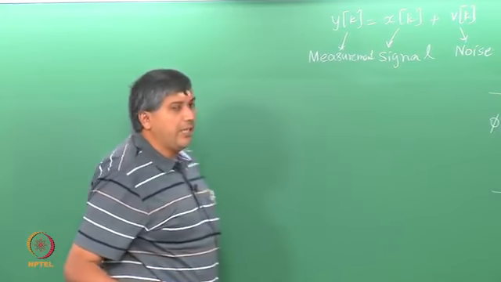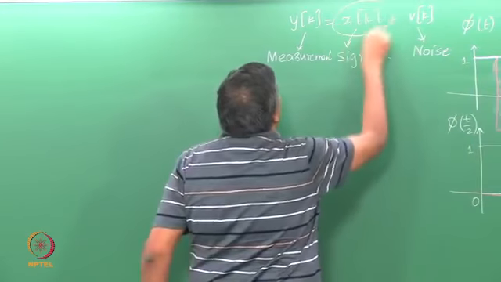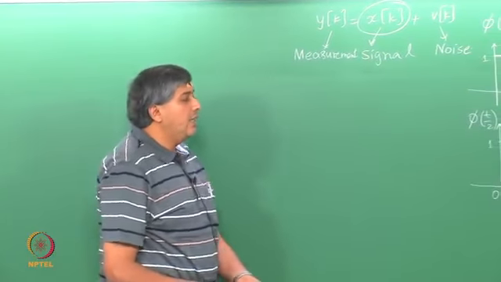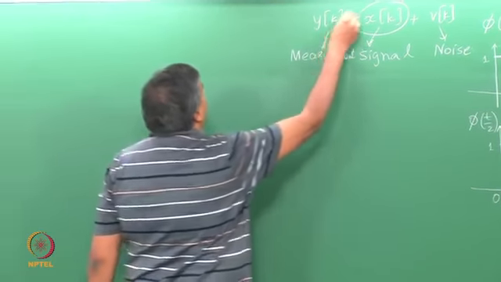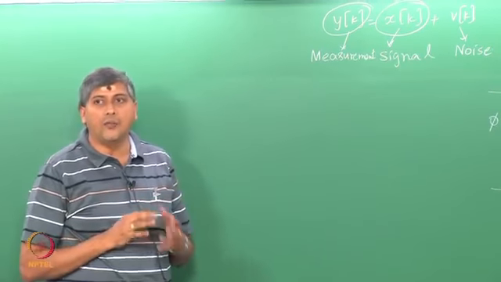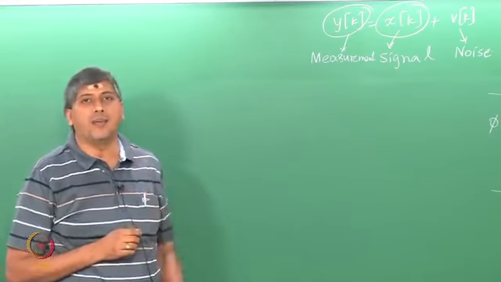So, in signal estimation my goal is to recover x, whereas in compression I would like to recover y as much as possible. So, the objective is different, but the principle is the same.